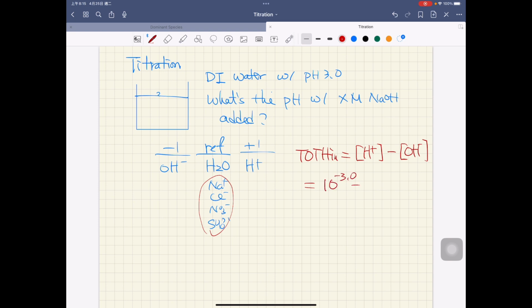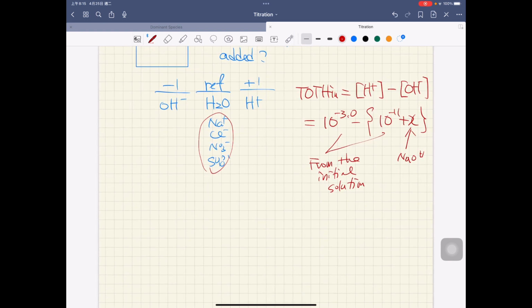And at the same time, the OH is how much? 10 to minus 11, because pH 3. And also, I add X more, so NaOH in. So this is from NaOH, and this is from the initial solution.